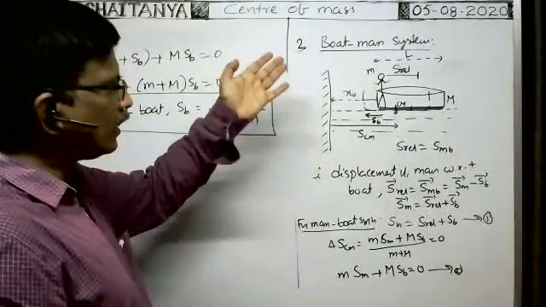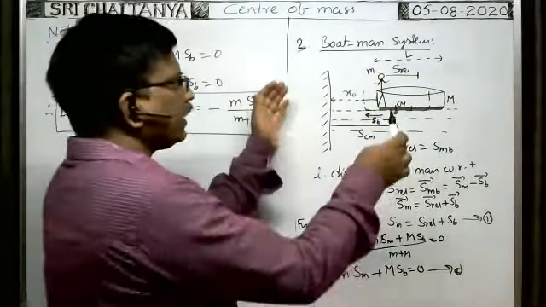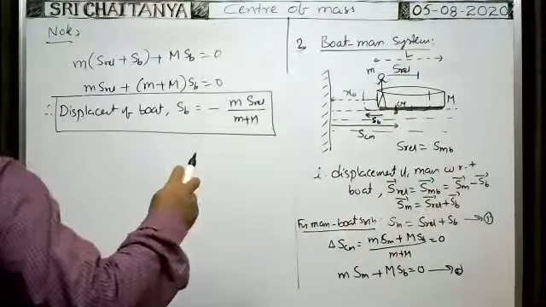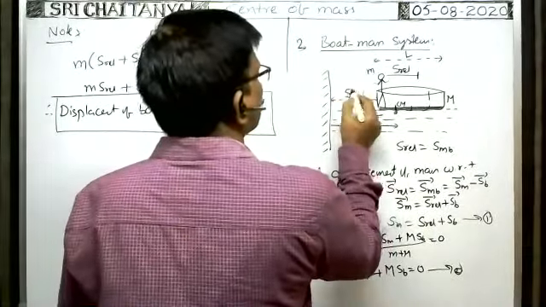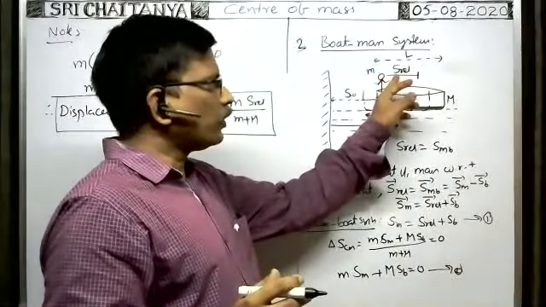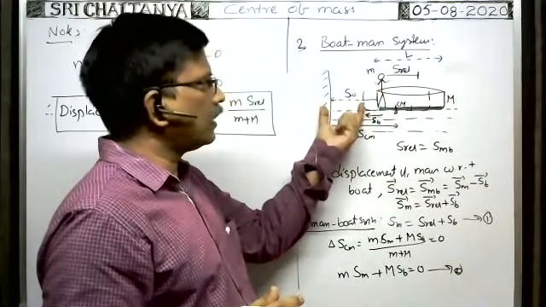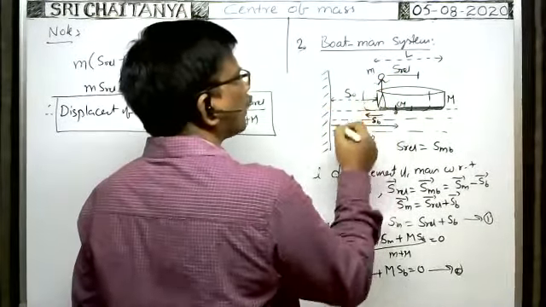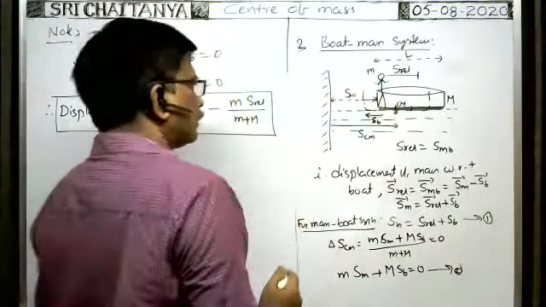Initially it is at a distance S naught, because we have written everything in terms of S. Now the distance of the boat lies at S naught minus SB from the bank of the river.